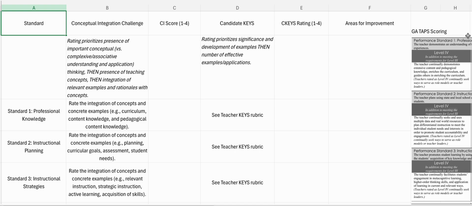So for me, she's a C. She's a 3 in conceptual integration, and she's a 3 in candidate keys. But I've identified a potential area for improvement because I'm aware that her ability to demonstrate understanding in writing with help in this particular process may be moving ahead of her ability to integrate those practices in the classroom.